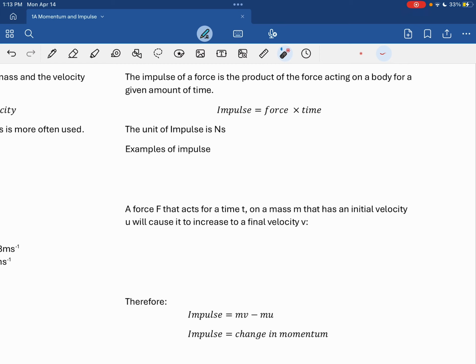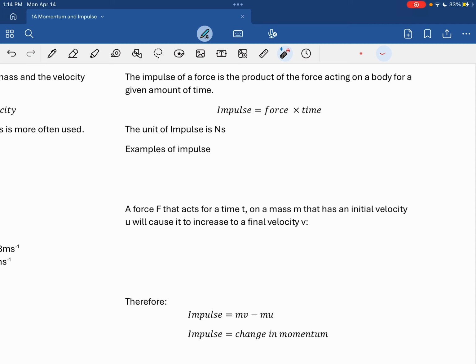Examples of impulse might be two balls colliding, and so when they collide, there'll be a force applied from one body to the other for a short amount of time. You could have a hammer hitting a nail. The hammer imparts an impulse onto the nail. Subsequently, the nail also imparts an impulse onto the hammer because impulses are equal and opposite in direction when two things collide.